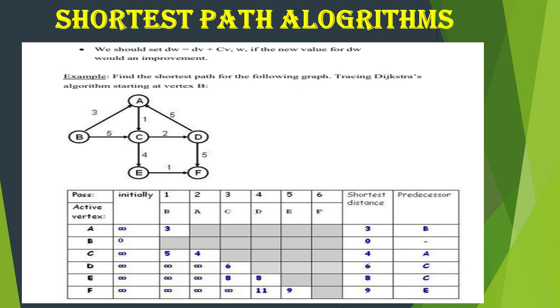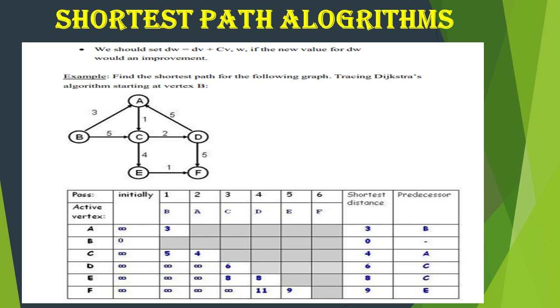After that, in the fifth stage, we have to choose E as the new vertex. From E we can visit only F. From E to F there is an edge, its cost is 1.